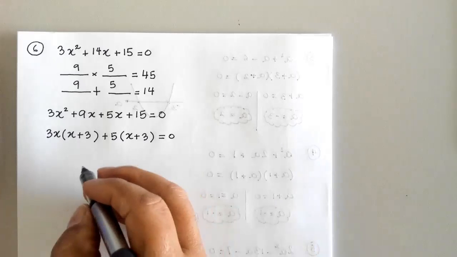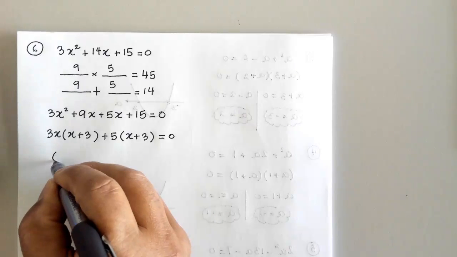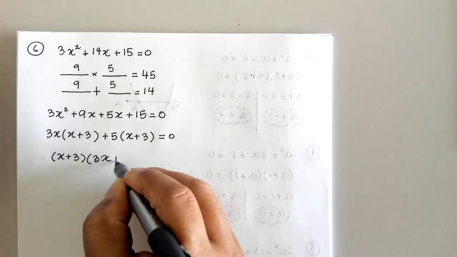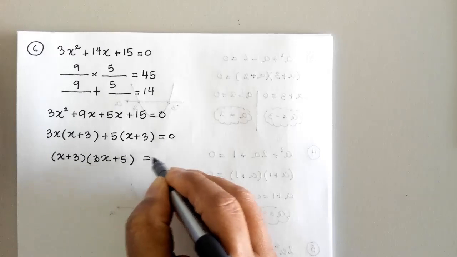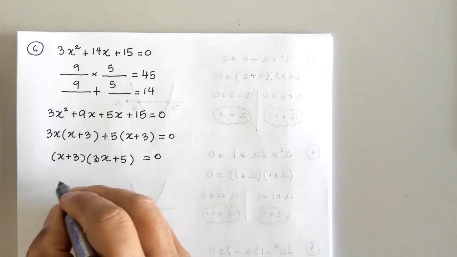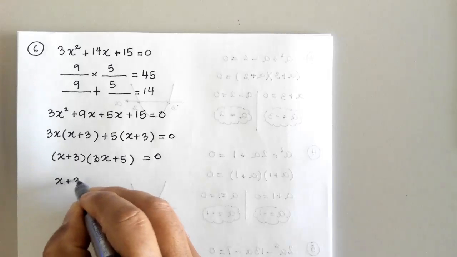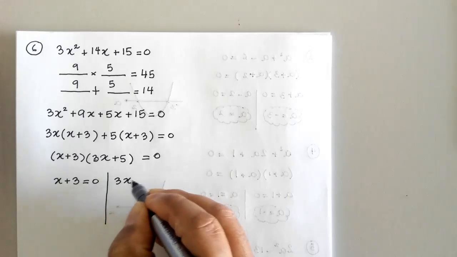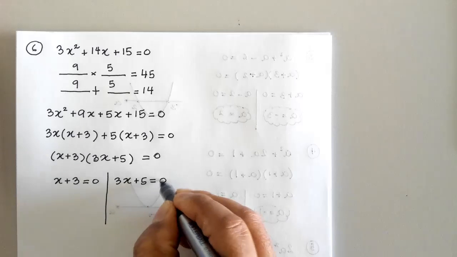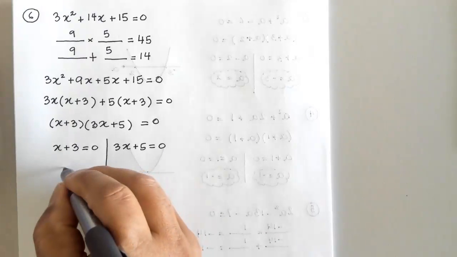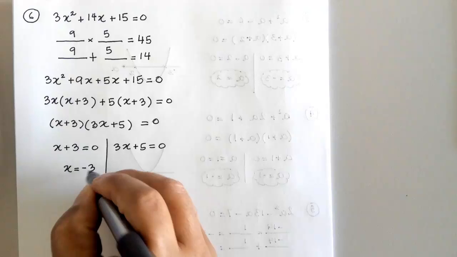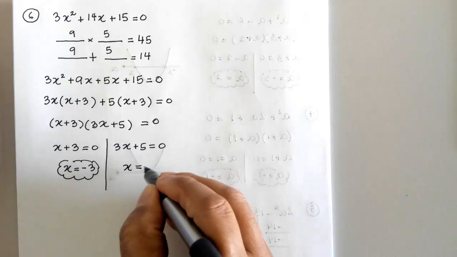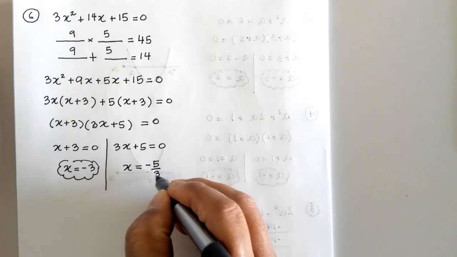Okay, and then we take the common brackets out, and then we have 3x plus 5 equal 0, and then we do the splitting part, x plus 3 equal 0, and then 3x plus 5 equal 0, and then you can see that from here you have x is equal to -3, and from here you have that x is equal to -5 on 3.